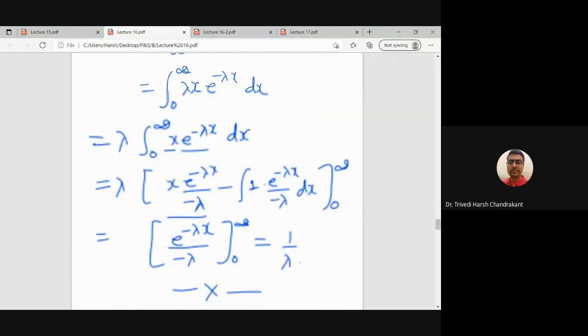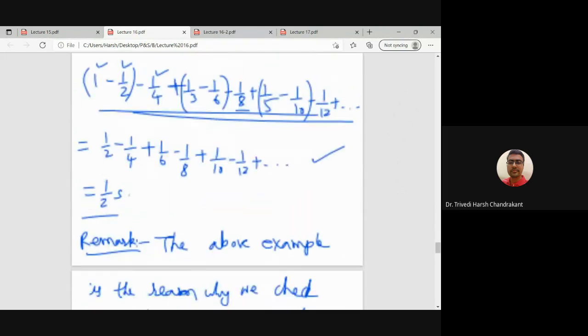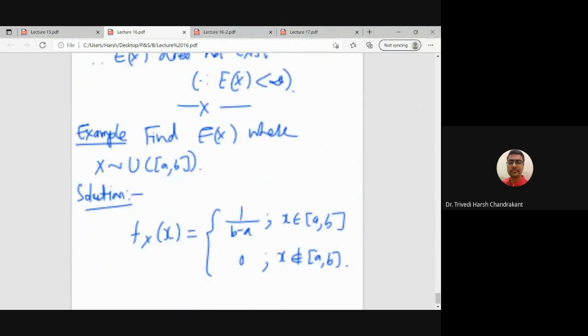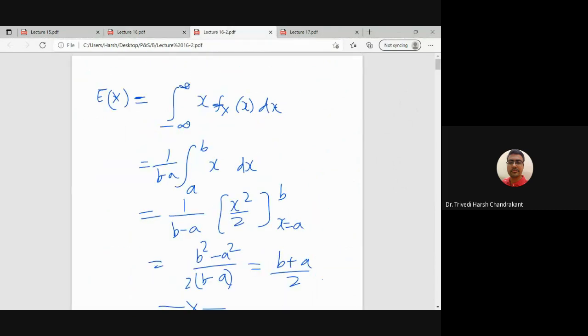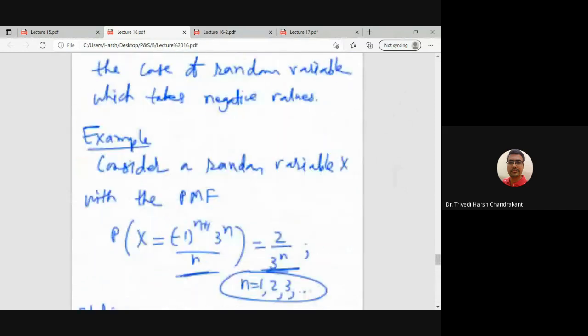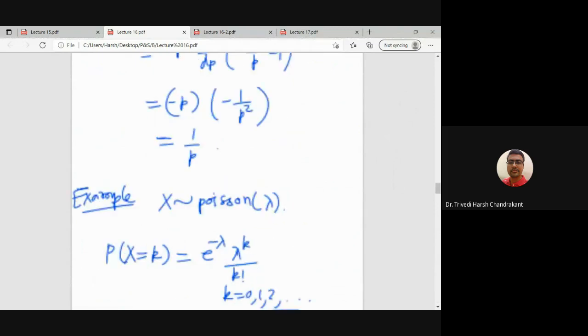For the exponential, it is the inverse, so 1 upon lambda. And for the geometric case, which we are going to use in today's class also, it is 1 by p.